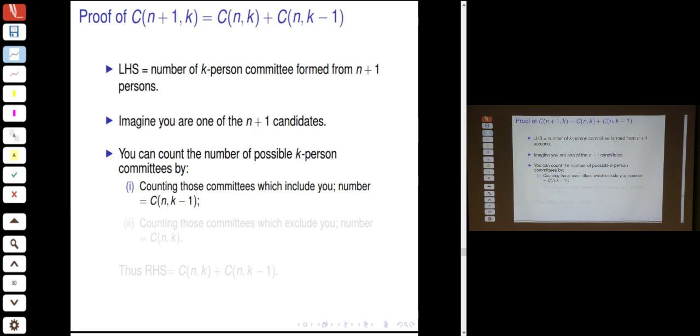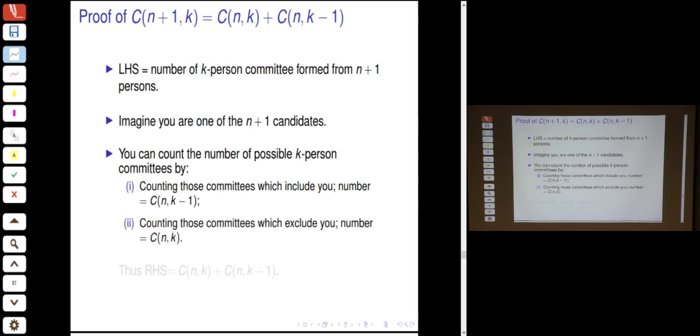Then the number is n choose k minus 1. Why? Because you are in the committee, you take one of the k positions, so this becomes k minus 1. And you also exclude yourself from the n plus 1, so you become n persons. So from n persons you choose k minus 1 people. That's the case where you are in the committee.